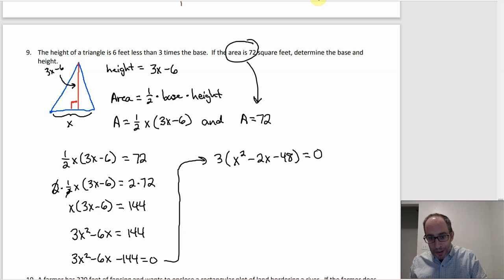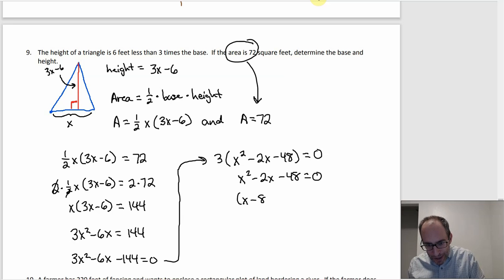Now if we use the zero product property, the trinomial has got to be 0. So x squared minus 2x minus 48 equals 0. Now look, we got a leading coefficient of 1. Yes, those are the best, right? Because then we need a pair of factors of negative 48 that add up to negative 2. Sounds like that would be negative 8 and positive 6.